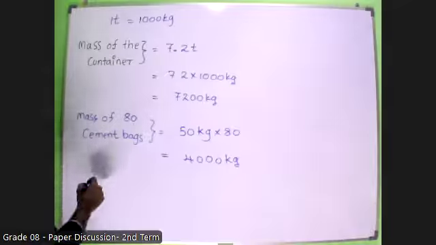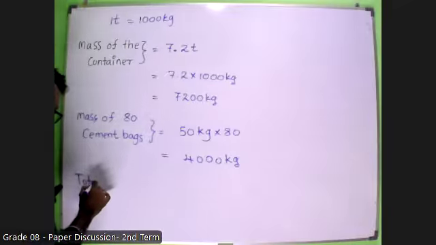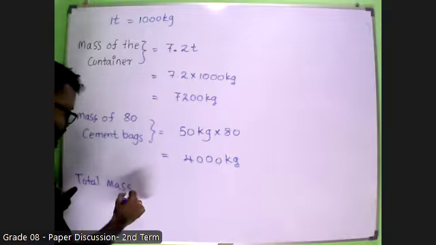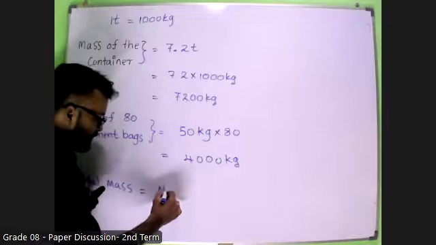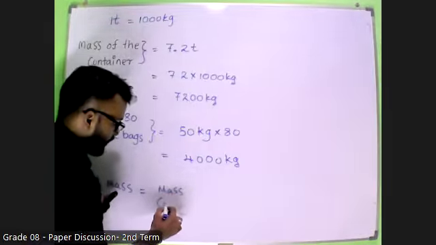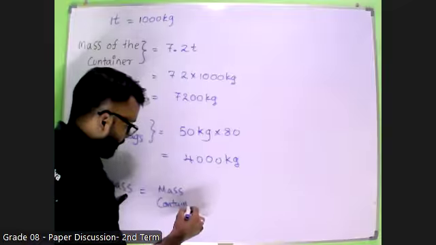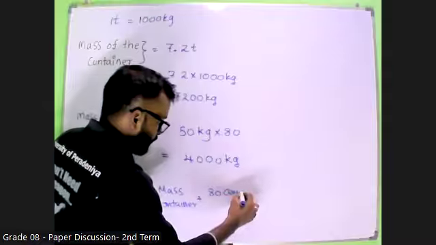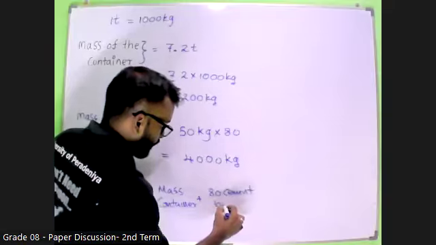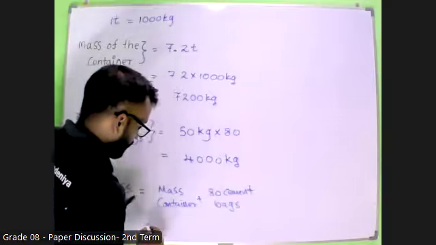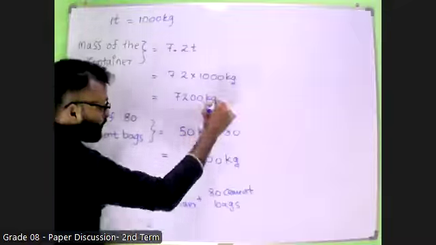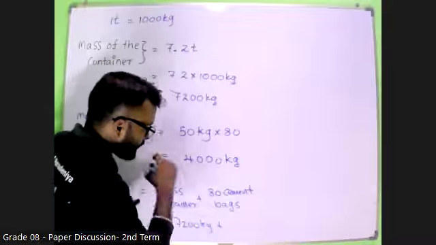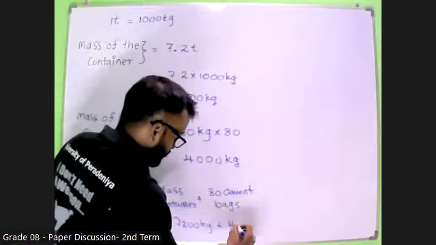So total mass will be equal to mass of container plus 80 cement bags. So 7,200 kilograms plus 4,000 kilograms.